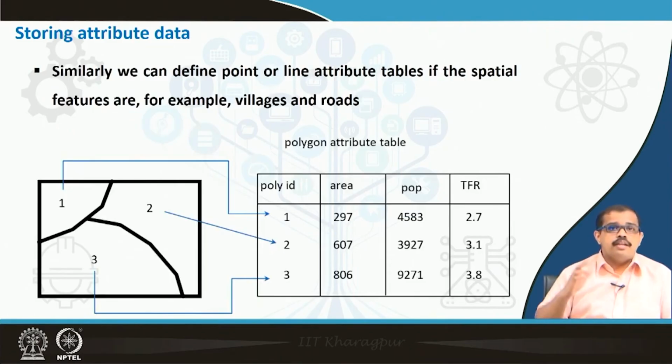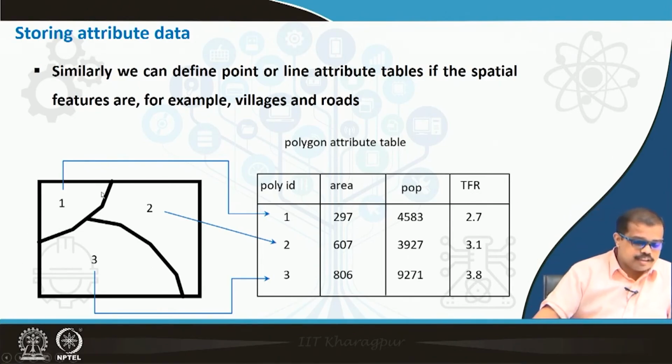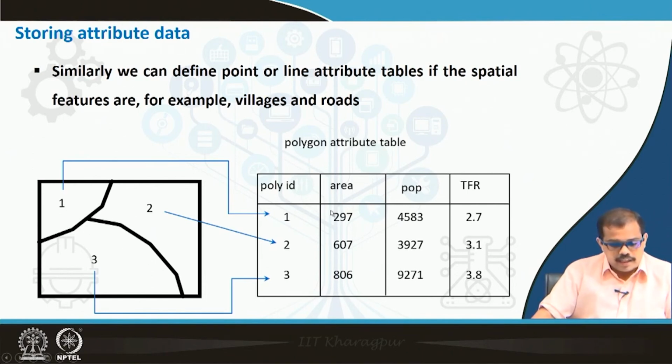Similarly, we can define point or line attribute tables if the spatial features are, for example, a village or a road. Let us say this is a polygon, this is another polygon, and this is the third polygon. I am representing the area of these polygons, the population and the TFR.